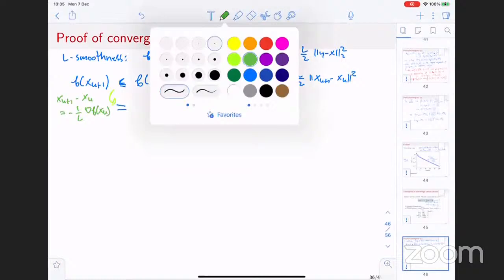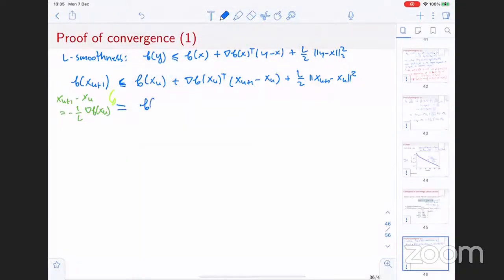So this is equal to f of xk minus 1 over L times the norm of the gradient of f at xk squared. Okay, and then I plug this in here as well, so I will get plus 1 over 2L times the norm of the gradient of f at xk squared.